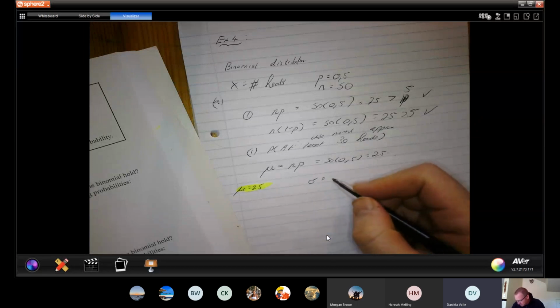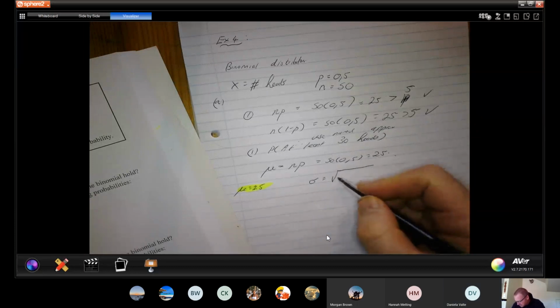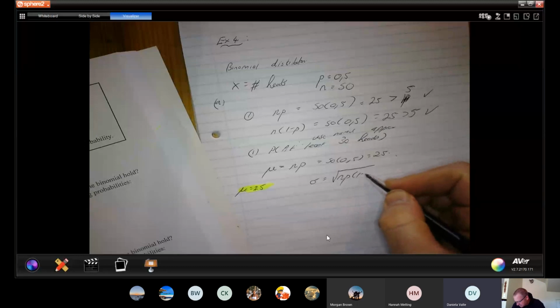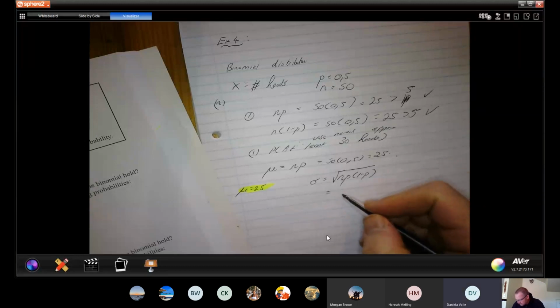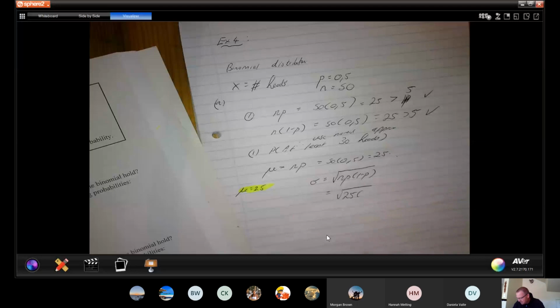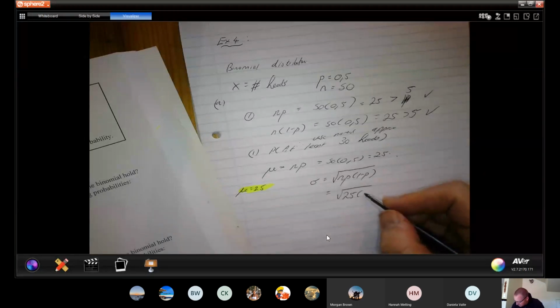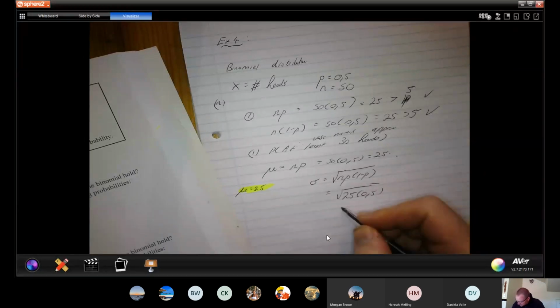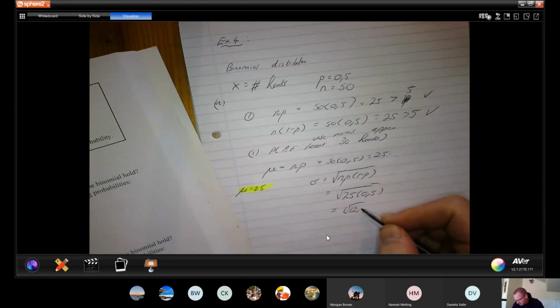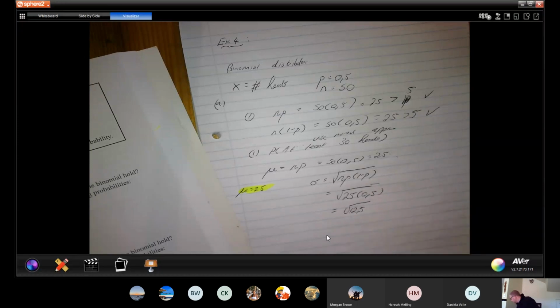If I'm using a binomial, it's the square root of np times 1 minus p, which is, well, np we know is 25, and 1 minus p is 1 minus a half, which is 0.5, so it's the square root of 12.5, or 25 over 2. Let me just check, because if we get this wrong.